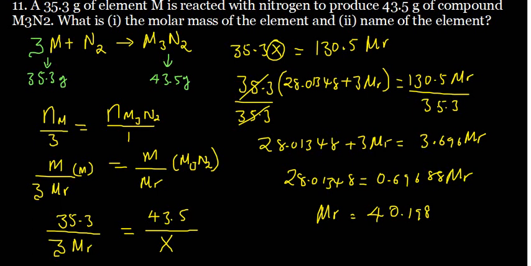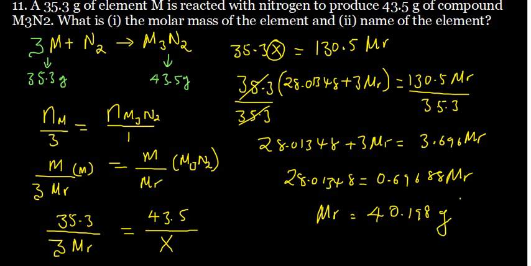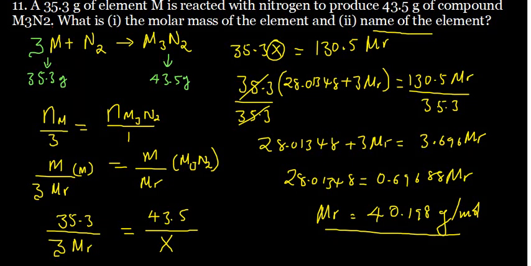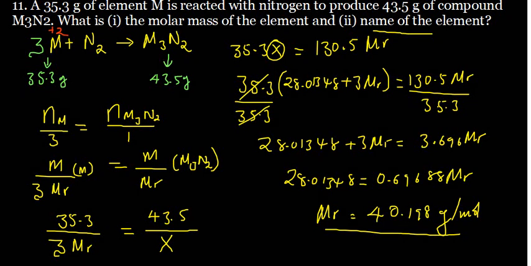40.198. Molar mass is given in grams per mole, so the other value I found was because of wrong punching on the calculator. So this is the molar mass. And then the next question is saying name the element M. So we want an element which has got a charge of positive 2 and a molar mass of 40.198.